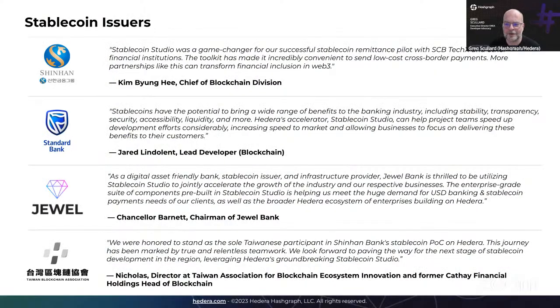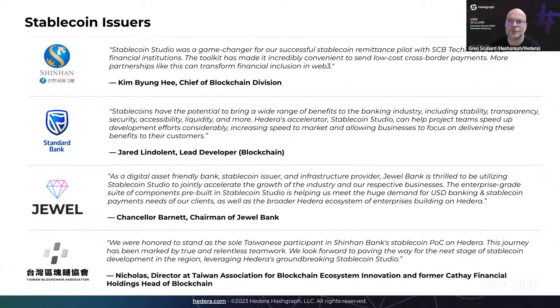We have already worked with a number of issuers, and there has been more since this slide was put together, with issuers or potential issuers. We have a stablecoin being issued in Australia, which is leveraging Stablecoin Studio.